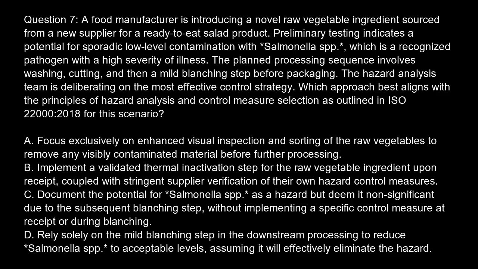Option C. Document the potential for Salmonella spp. as a hazard but deem it non-significant due to the subsequent blanching step, without implementing a specific control measure at receipt or during blanching. Option D. Rely solely on the mild blanching step in the downstream processing to reduce Salmonella spp. to acceptable levels, assuming it will effectively eliminate the hazard.